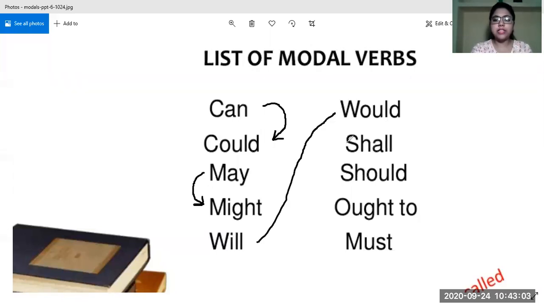Would. Shall is written as should. Ought to and must don't have any past tense, but these words that are past tenses also have their individual meaning. All right, so it's not that we always use them as the past tense of the prior words, but they also have their individual usage as well. So that we will be learning when we will be doing the modal verbs one by one.